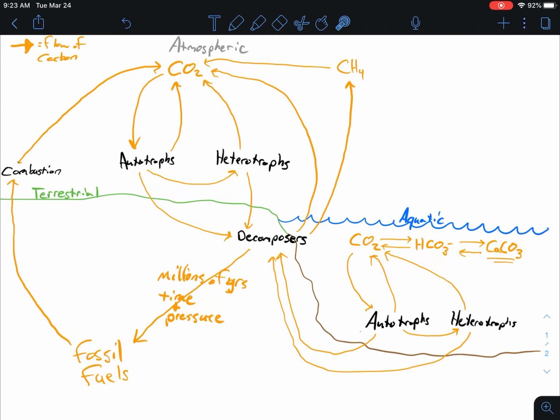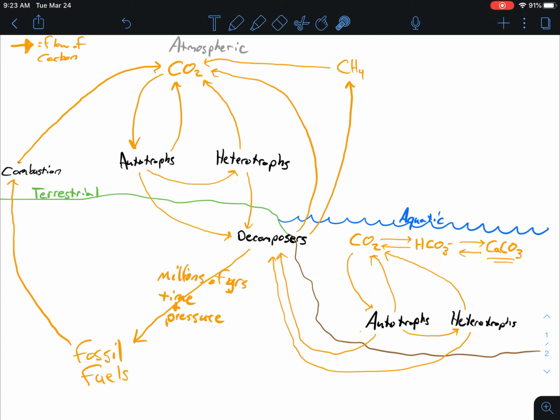Last note I'll have on this is this time piece. Again, we'll rewind to this when we look at flux tomorrow a little bit, and when we look at global climate change. It takes millions of years to make fossil fuels. We are combusting them at a rate that far exceeds the replenishment of our fossil fuels. We make new fossil fuels every day.